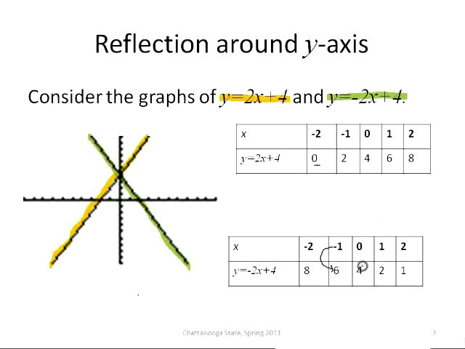The 0, of course, 0 doesn't have a sign, so it doesn't change. But then the negative 1, 2 reflects to the point 1, 2. And the point negative 2, 0 reflects to the point 2, 0.